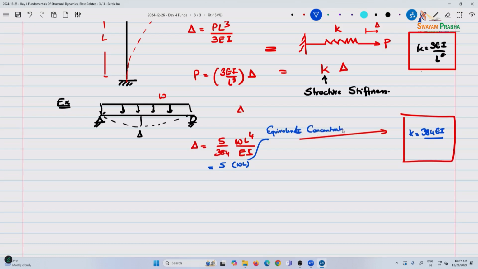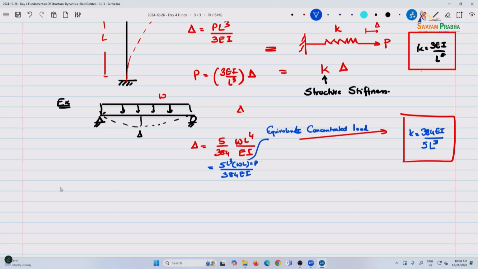That's the first thing you need to do. So with P, this is 384 EI by 5 L cubed. And you can go on and so forth.